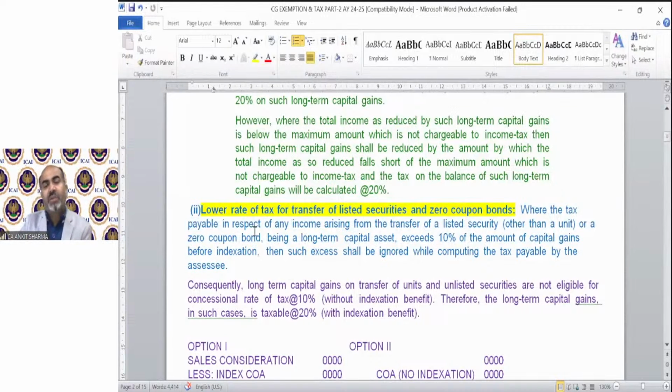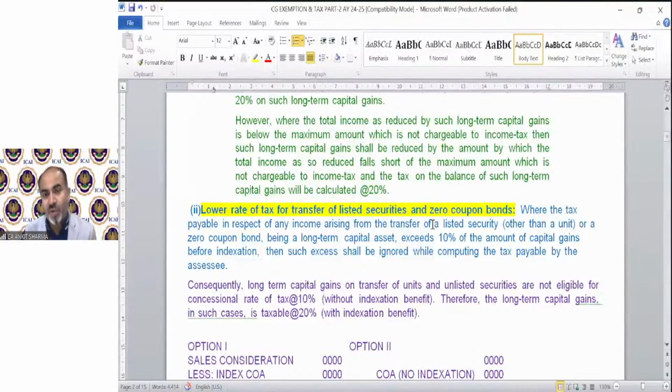Lower rate of tax for transfer of listed security and zero coupon bonds, where the tax payable in respect of any income arising from the transfer of a listed security or a zero coupon bond being a long-term capital asset. So generally it's going to be taxed at the rate of 20% as a normal rate because it is not 112A. It's a special rate category.